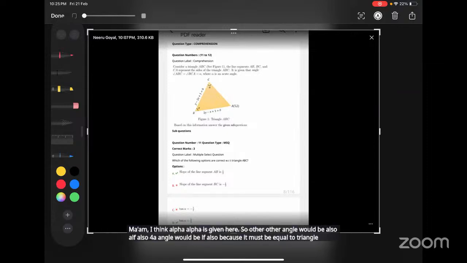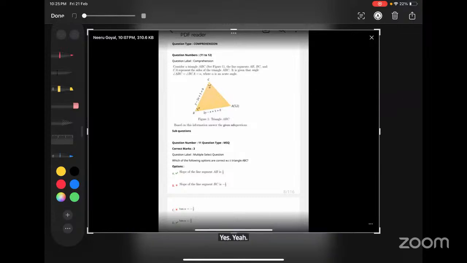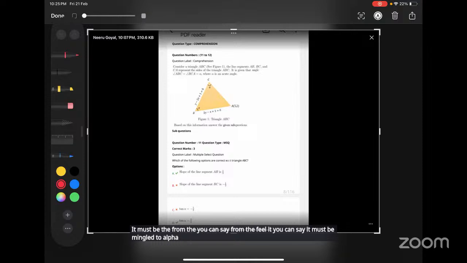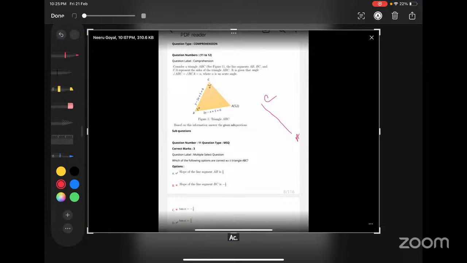Yes or no? Yeah. So from the BA line, it must be angle 2 alpha. AC must make 2 alpha. Alpha, 180 minus 2 alpha, 180 minus alpha.